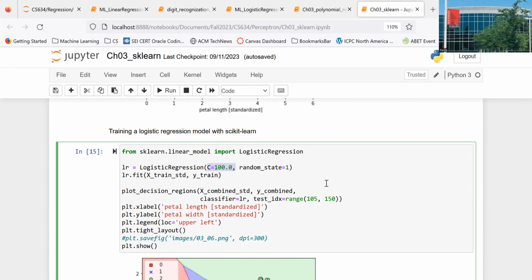It is to avoid overfitting. Okay, try to make your model not overfit.